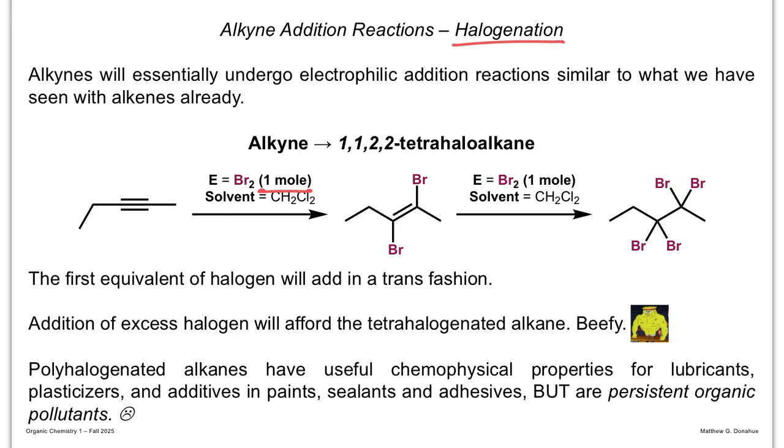Bromine in a non-participating solvent will add in the trans fashion. If you take that with excess, you add another equivalent of bromine. And so overall, you've added 2 bromines to each carbon atom.